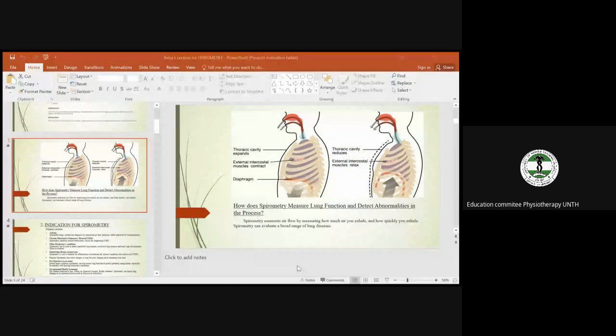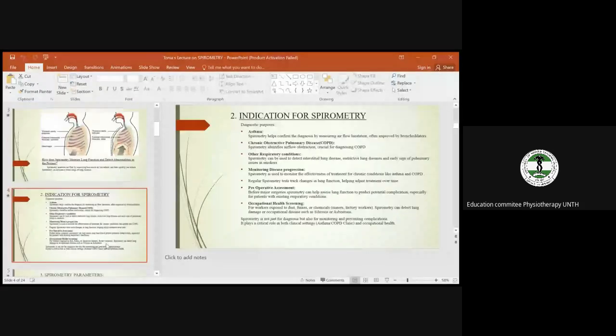Then, secondly, chronic obstructive pulmonary disease, COPD. Spirometry identifies airflow obstruction, crucial for diagnosing COPD.